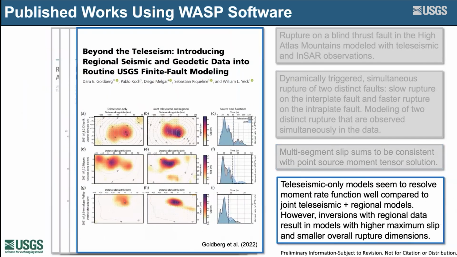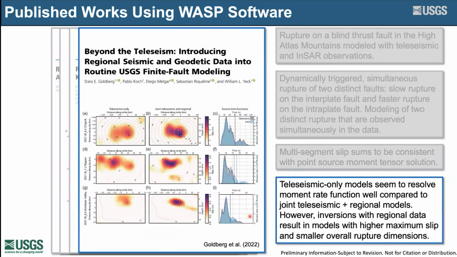And then finally, this paper, which was out in 2022, was the first that showed our inclusion of these local data sources and demonstrated that while teleseismic only models seem to resolve the moment rate function pretty well compared to joint regional and teleseismic models, which is what you're seeing here in this right-hand column.